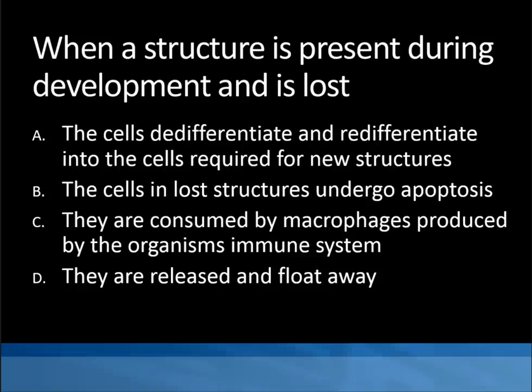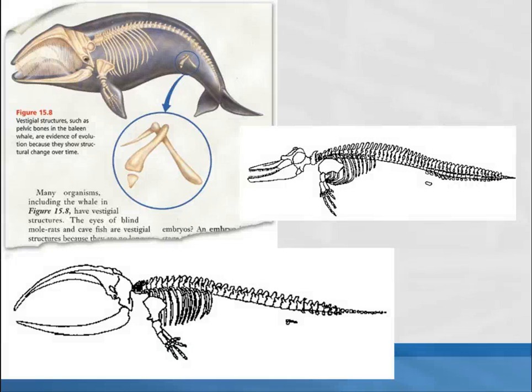That is pretty wasteful, actually, and that is not what happens. What happens is the cells in these lost structures undergo programmed cell death, apoptosis. So the answer is B, yeah? And so they basically self-destruct, and then those materials can be used to build new tissues. So that's pretty exciting.